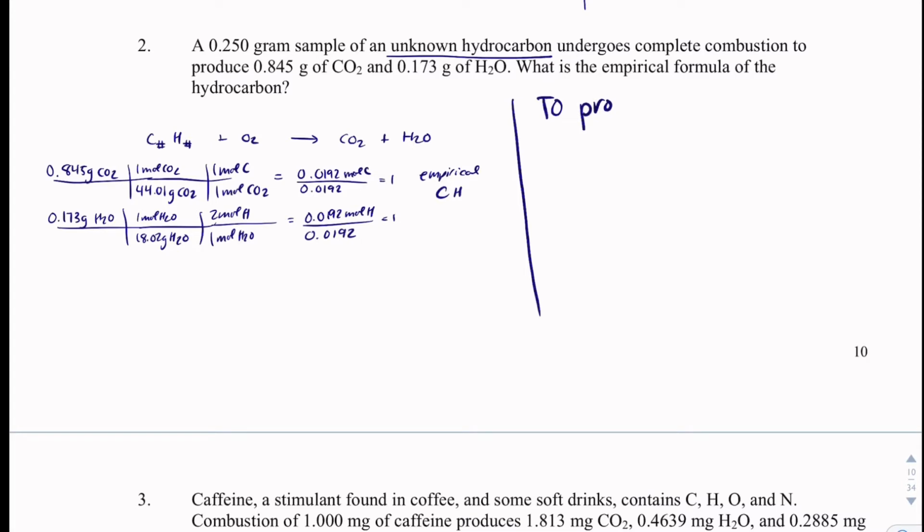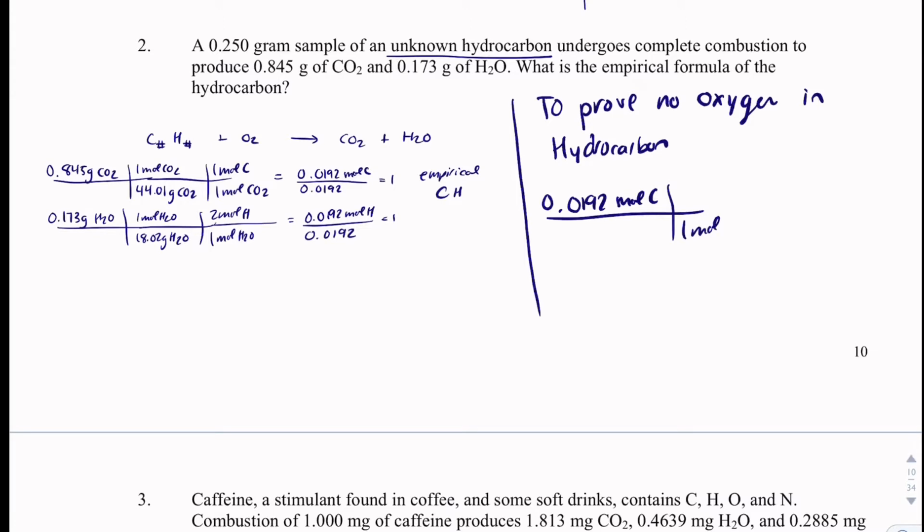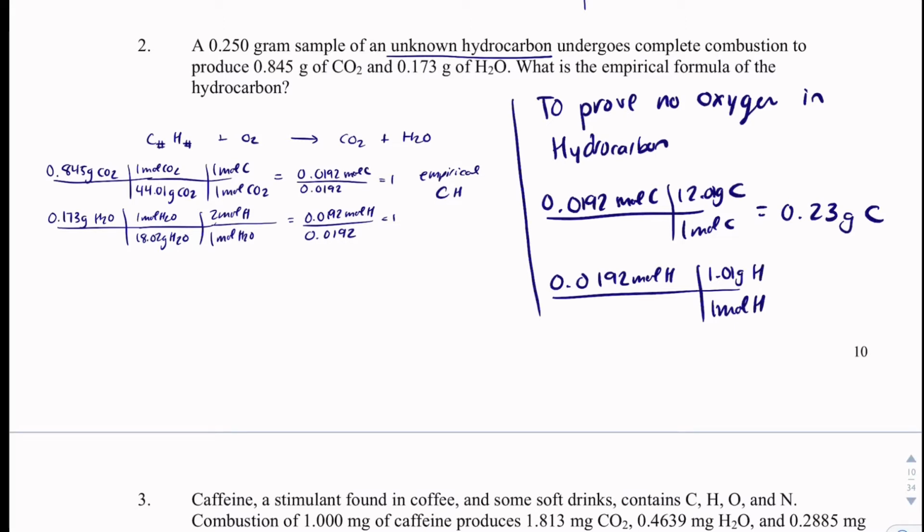So to prove no oxygen in the hydrocarbon, we are going to take 0.0192 moles of C, and in 1 mole of C, there's 12.01 grams of C. I get 0.23 grams of C, and then we have 0.0192 moles of H. In 1 mole of H, there's 1.01 grams of H, so I'm going to plug that in, and I get 0.02-ish grams of H. We add that up, 0.25 grams total, and that adds to be what we started with, so I know that there was no oxygen in there.